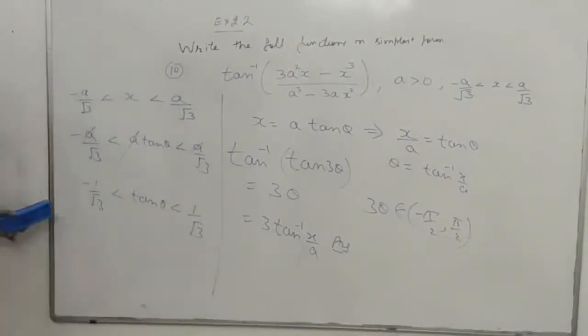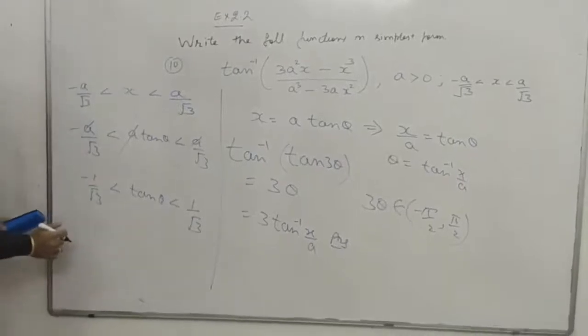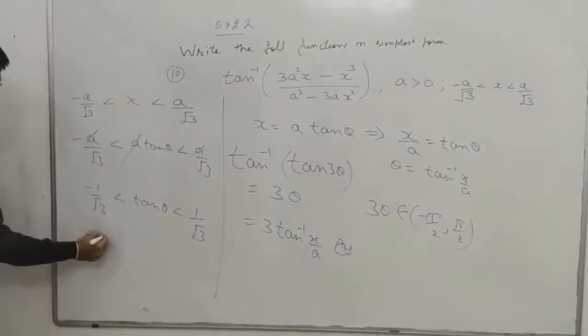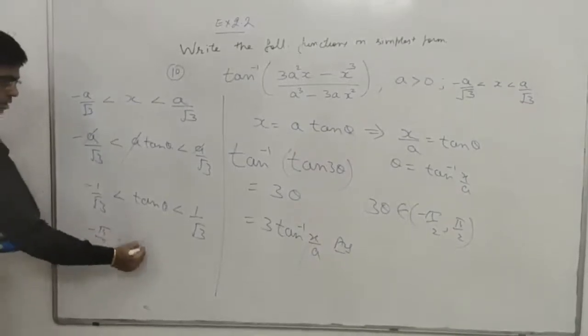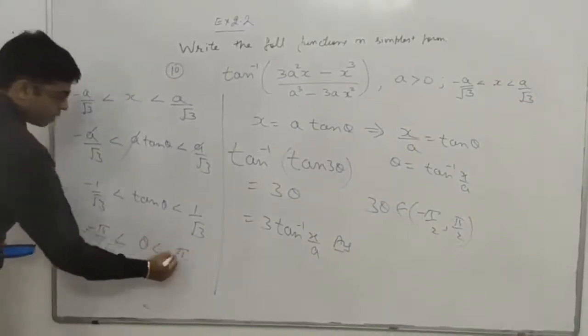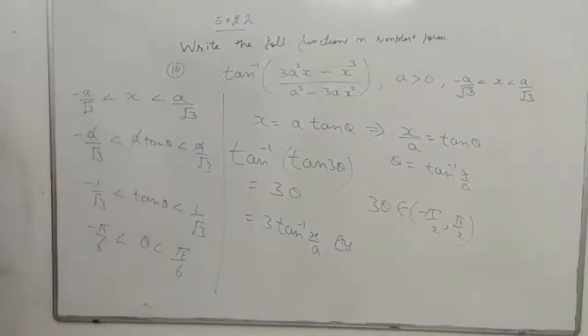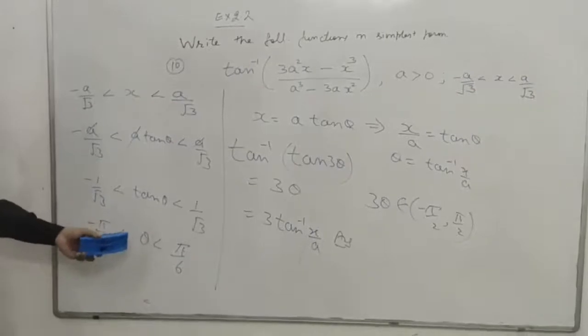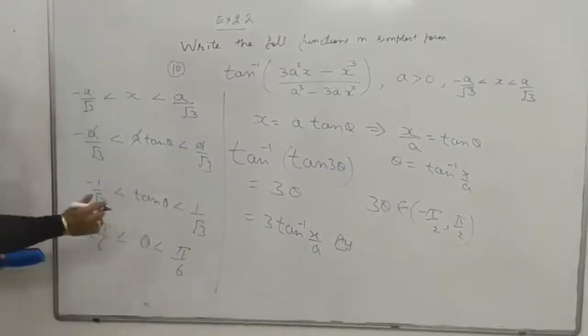Now tan inverse of negative 1 by root 3 is minus pi by 6, and this is positive pi by 6. Tan θ is 1 by root 3 and here it is minus pi by 6. Now what is 3θ? So multiply by 3.